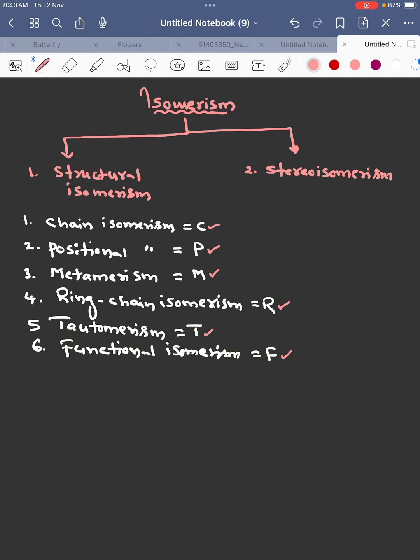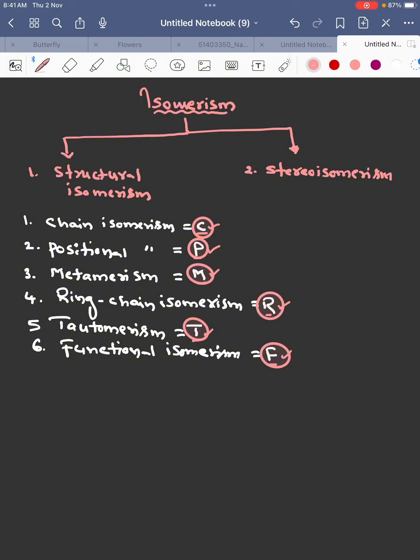My dear students, this is the small trick to remember the structural isomers for a long time.